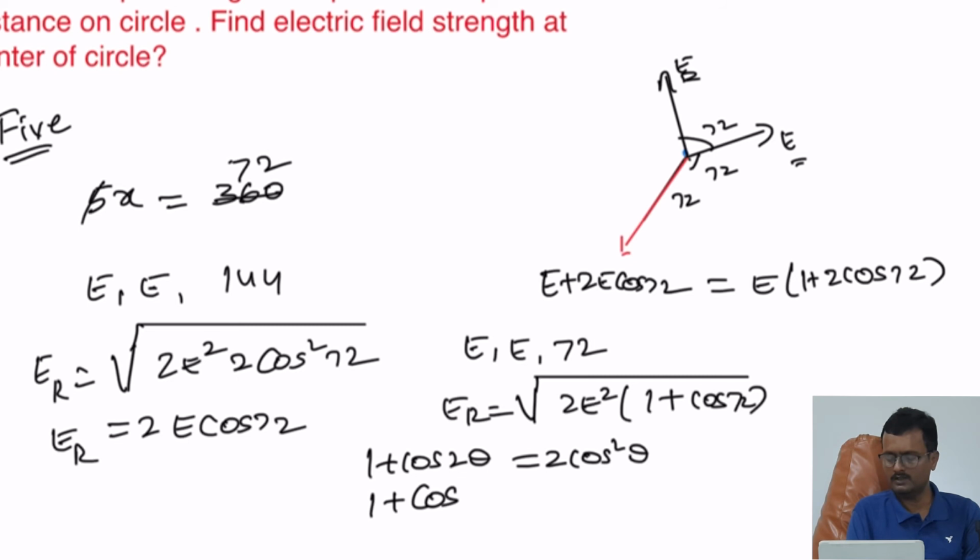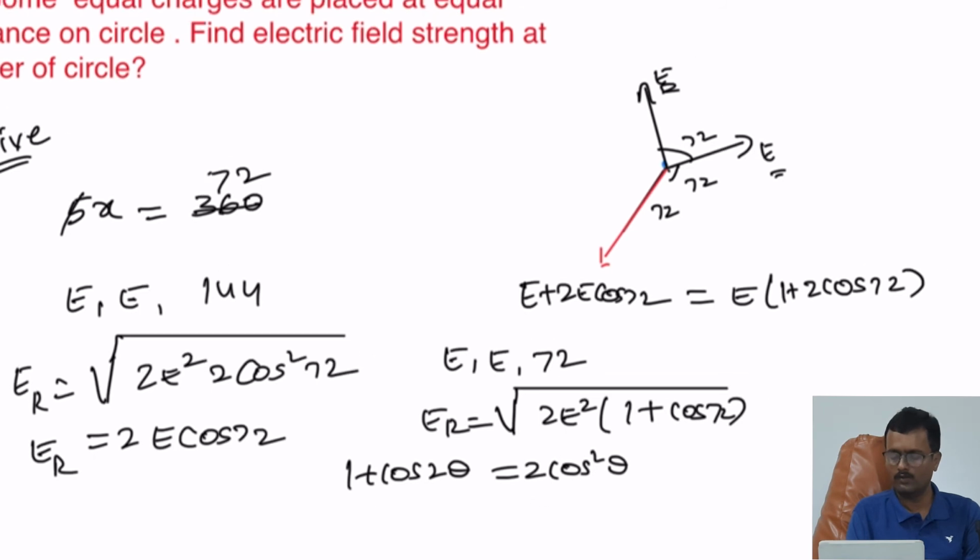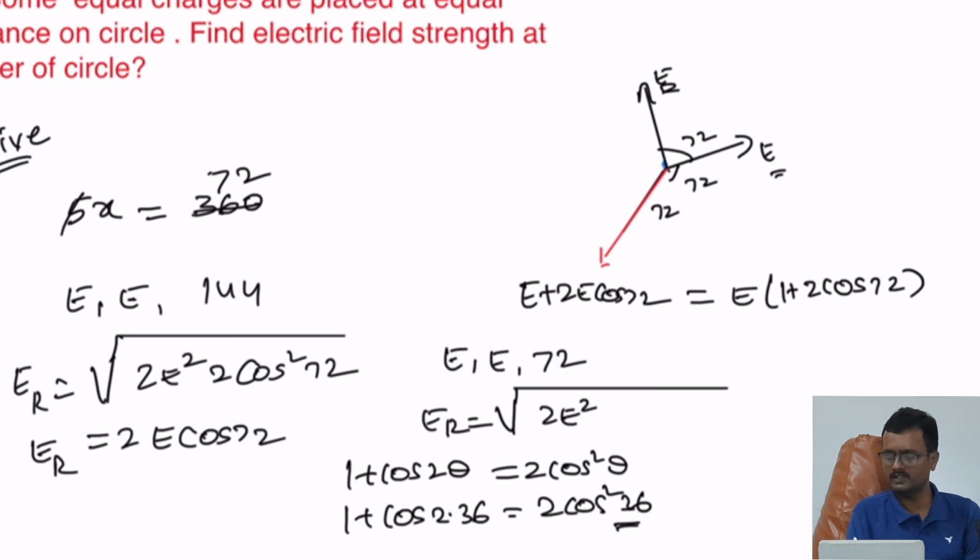So 1 plus cos 72, where 72 means 2 into 36, is equal to 2 cos square 36. So 1 plus cos 72 is 2 into cos square 36.